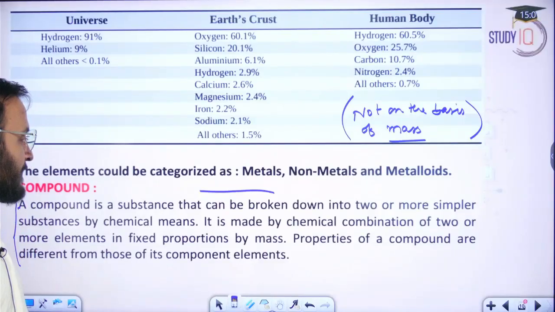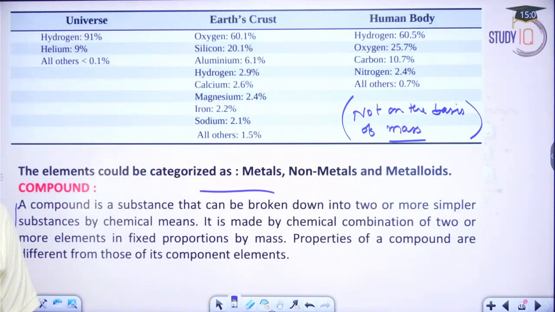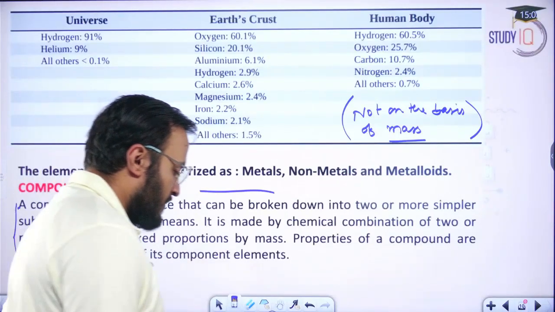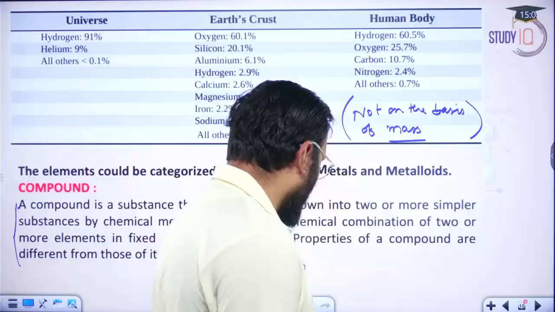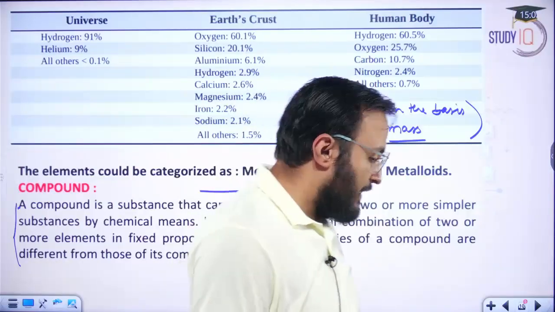A compound is a substance that can be broken down into two or more simpler substances by chemical means. Remember that. If we do some chemical process and we can break one big compound, for example starch, into a smaller compound, for example glucose, then we call it a compound.